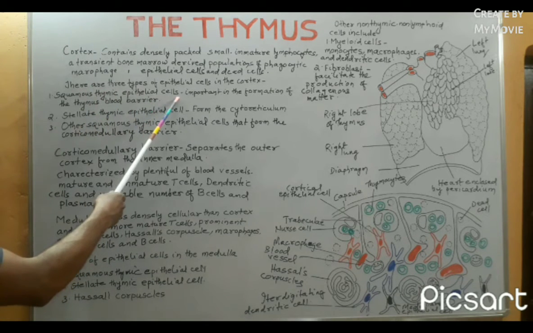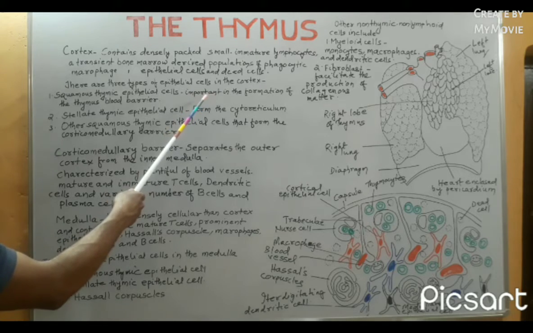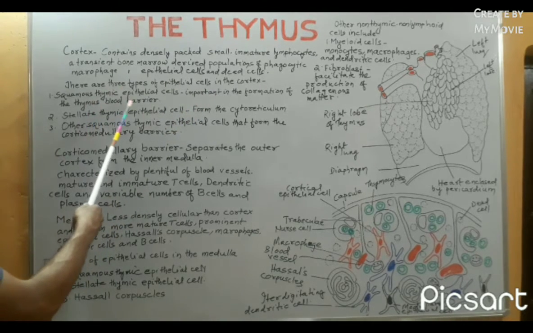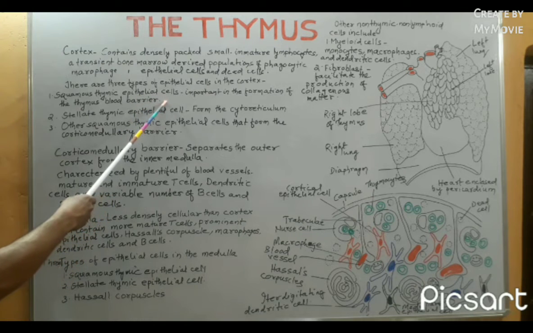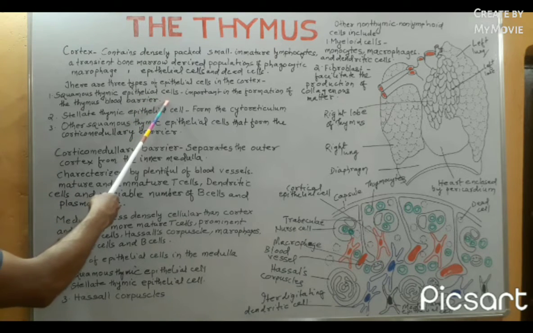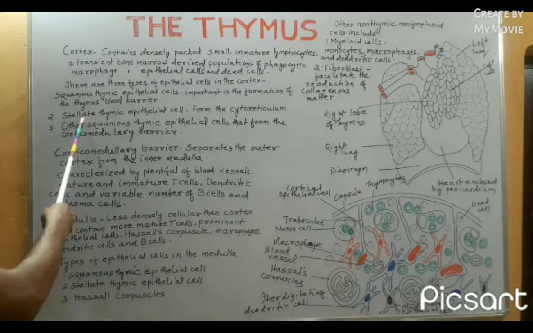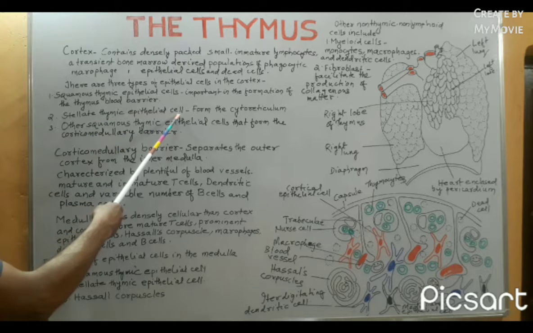These epithelial cells are important in the formation of thymus blood barrier. This thymus blood barrier, its main function is to prevent the entry of foreign antigen from vascular system into the thymus. Second is stellate thymic epithelial cell.